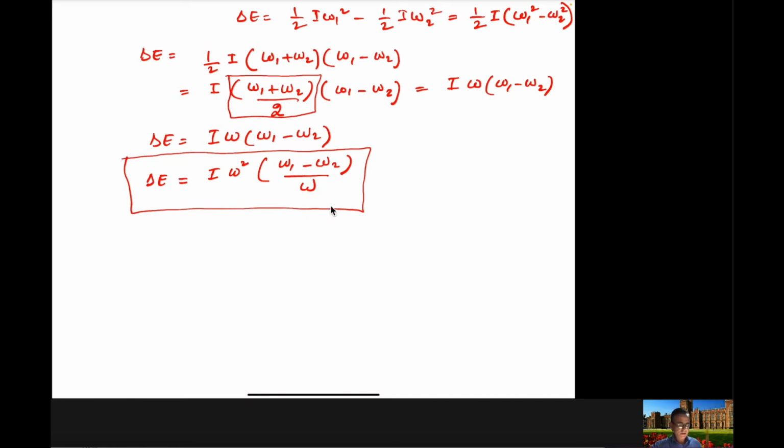Now this term in the bracket, omega 1 minus omega 2 divided by omega, is what we call the fractional speed fluctuation.